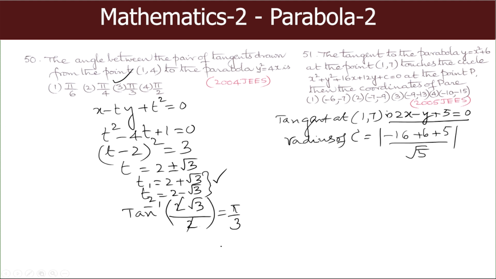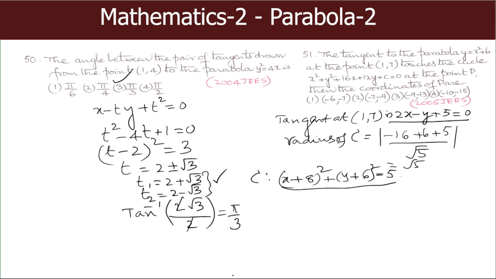That is -16 plus 6 plus 5 by root 5, which is equal to root 5. So the circle is (x plus 8) whole square plus (y plus 6) whole square is equal to 5. The constant c we don't need now, since the radius is found. This is the center-radius form.